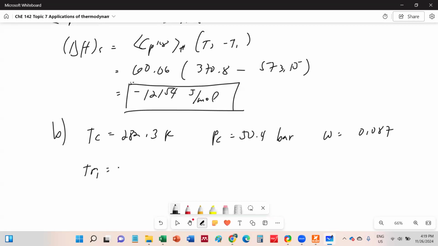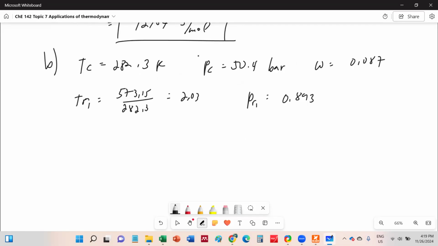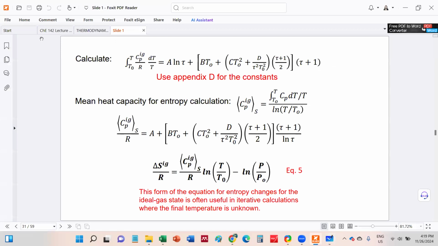temperature at initial state. So at initial state, the temperature is 573.15 divided by the critical temperature, so that's 2.03. For the pressure, it's 45 bars divided by 50.4, and that's 0.893. And then based on this, we can check figure 3.13.